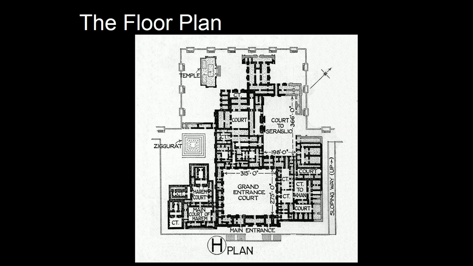Here's another floor plan. I'm not positive which building this is. I know that whatever it is, it had a harem. So definitely not from around the United States. Okay? Definitely somewhere in the Middle East. It's got a ziggurat, so that tells me that it's from Mesopotamia, but I don't know.